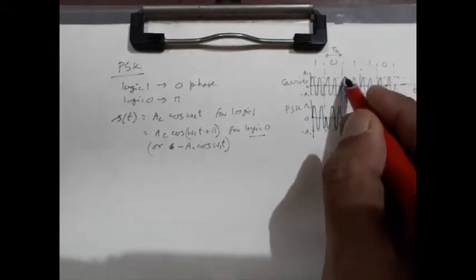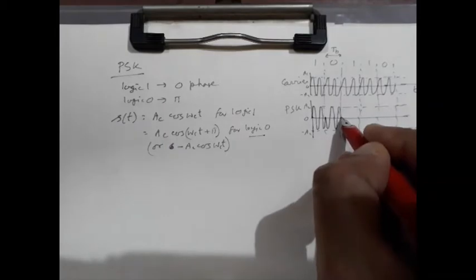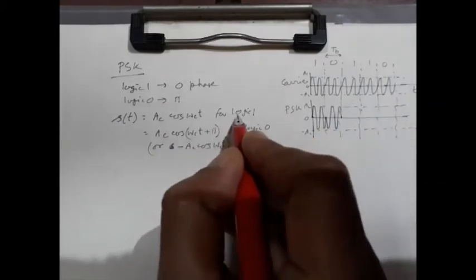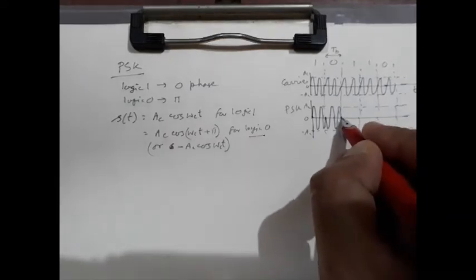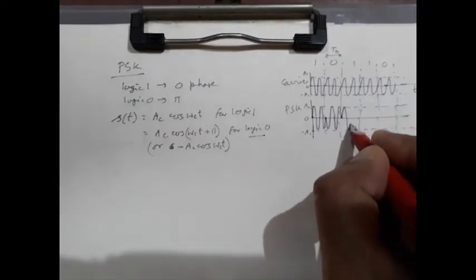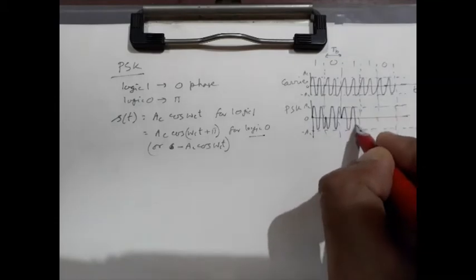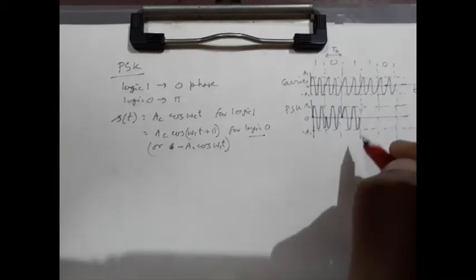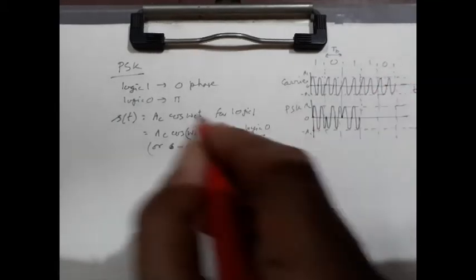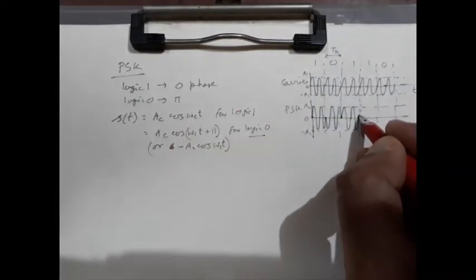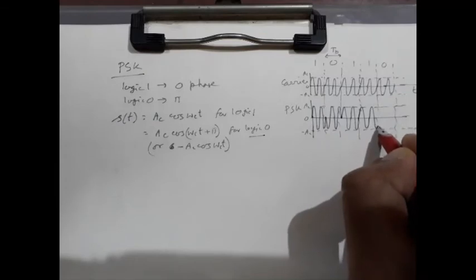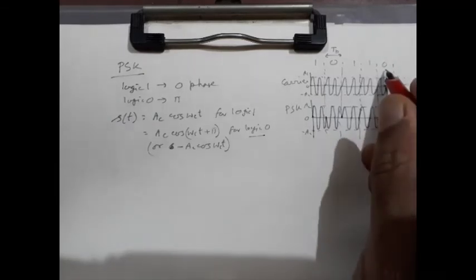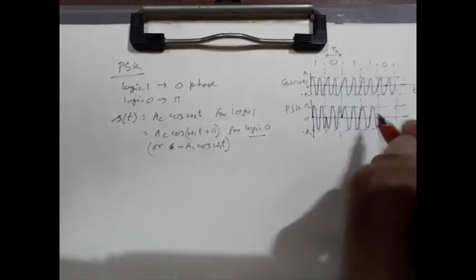Next bit is 1, so it will immediately change to 0 phase. So again it will start in this way. Next bit is 1, means 0 phase, so it will continue. This one is 0, so it will start from pi phase.